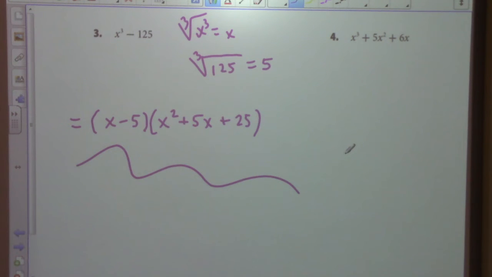Okay, Peyton, what is the greatest common factor in this bunch here? It's x, okay? And so if you factor out x, what do you have left? X squared plus 5x plus 6. Right?